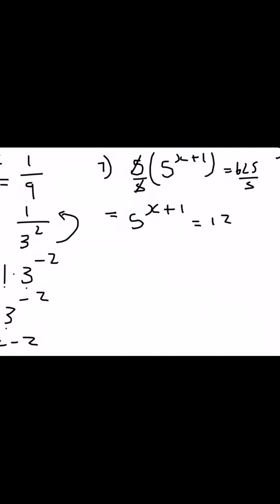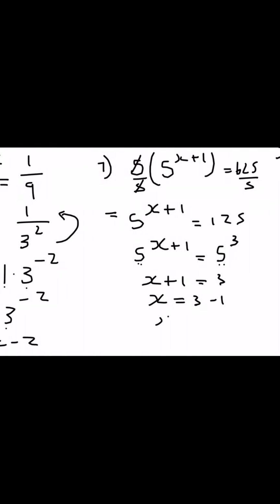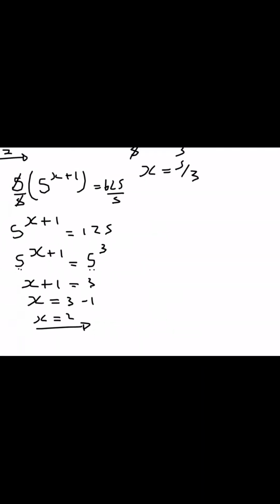It is 125, and I think I've done 125 before, where I just have to now rewrite that as it is and say 5. Why 5? So that the bases are the same. I think it's 5 to the 3. Yes, that gives you 125. And then you are having x plus 1, which is being equated to 3, because the bases are the same, they fall away. So you have your x now being equal to 3, and definitely minus 1, and then your x will therefore be equal to 2. And that is the end of it. Hope I've done it correctly.